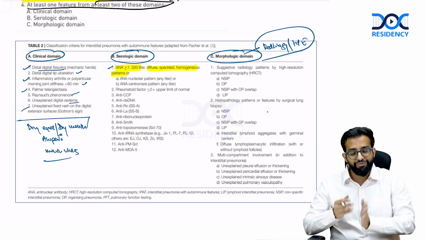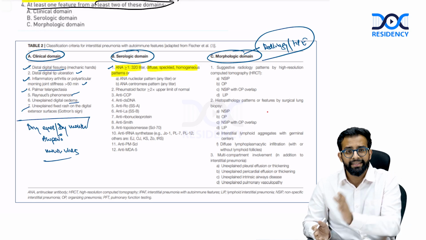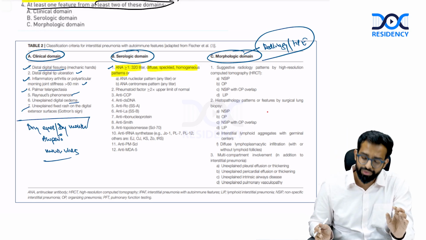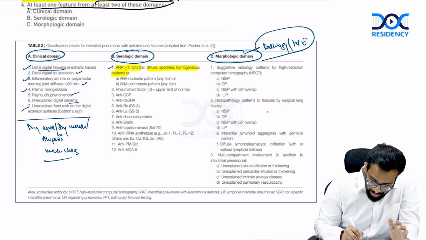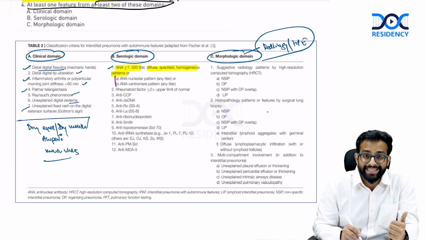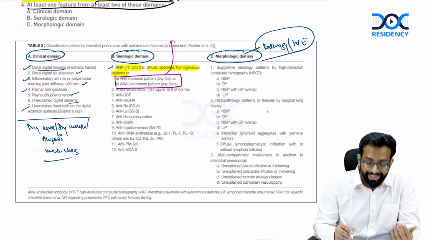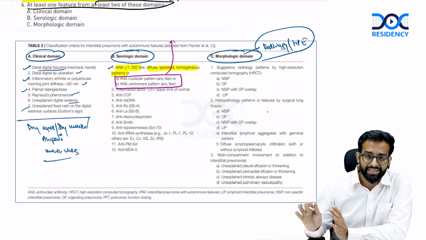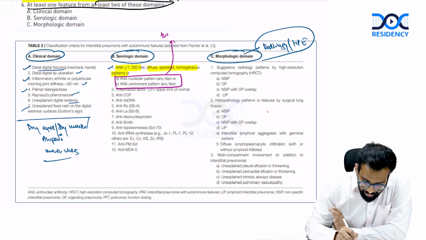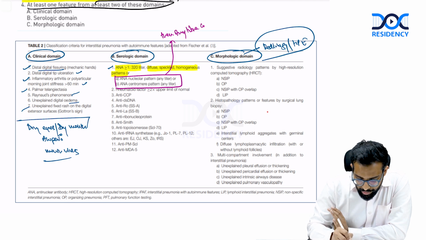So if a patient has a diffuse, speckled, or homogeneous pattern, then the titer has to be more than 1:320. If the patient has a nucleolar pattern or a centromere pattern, then any titer of ANA is considered to be significant.